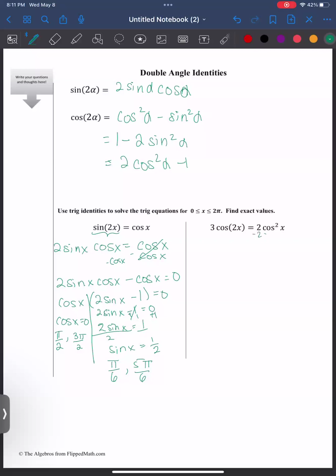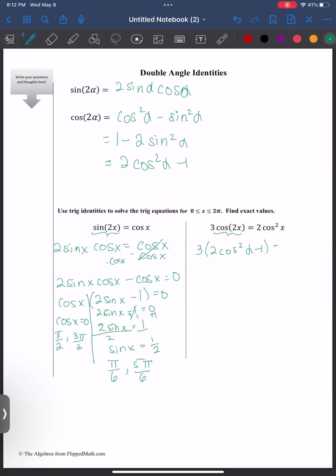You first want to move this guy over, so that you have 3 cosine of 2x minus 2, or no, not yet. You don't want to move that over yet. You want to rewrite this so that it is 3, and then you're going to say 2 cosine squared alpha minus 1.